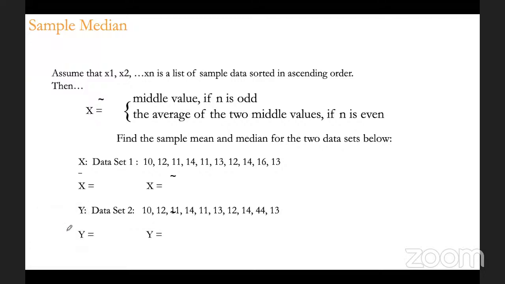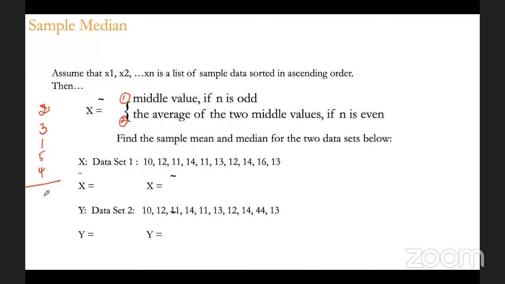To compute the median, we have two cases, the first case and the second case, based on the number of elements we have in the data set. Let's say, for example, I have a data set like this: 2, 3, 1, 5, 4. So this is my data set.